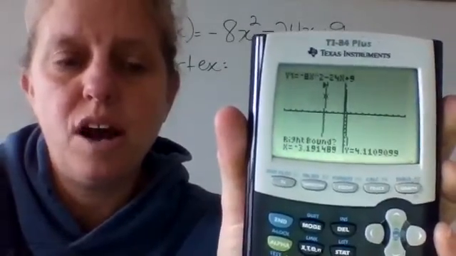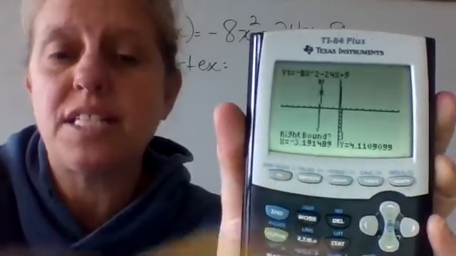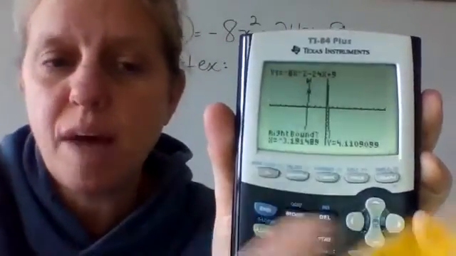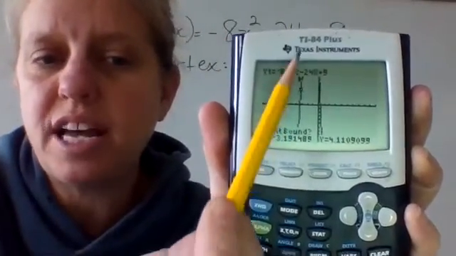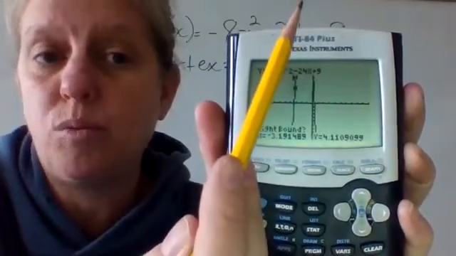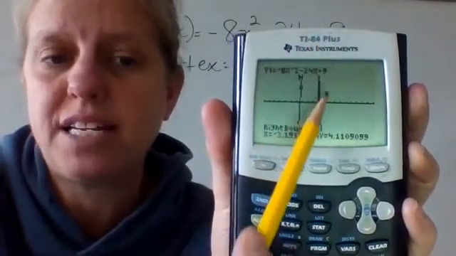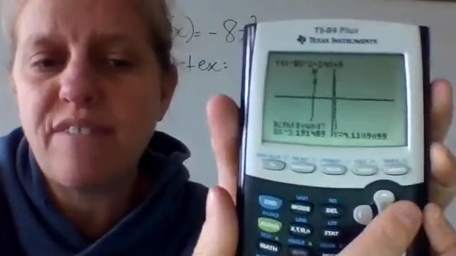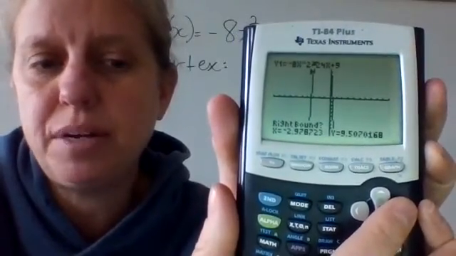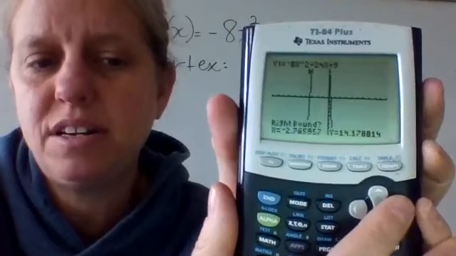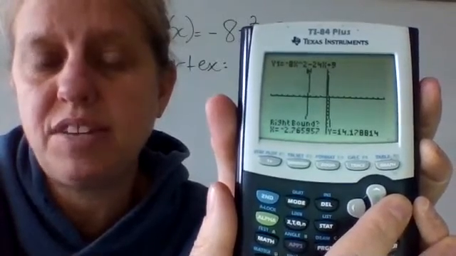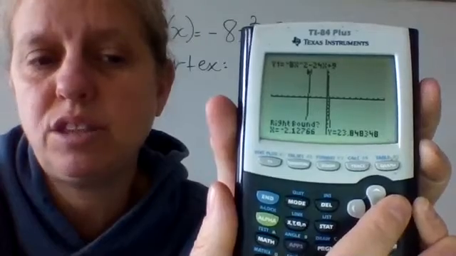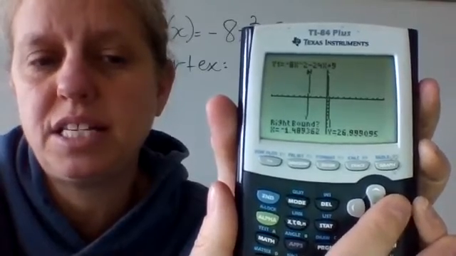Now, it wants to know if it's on the right. So here's how you can tell whether or not it's passed through the vertex and gotten to the other side. When I'm hitting my right, it's moving this cursor all the way up until it reaches the vertex, and then it's going to come back down. So what's going to happen to this y? Watch your y value. See how it's going up? So now it's at 9.5, 14.17, 18, 21, 23, 25, 26.